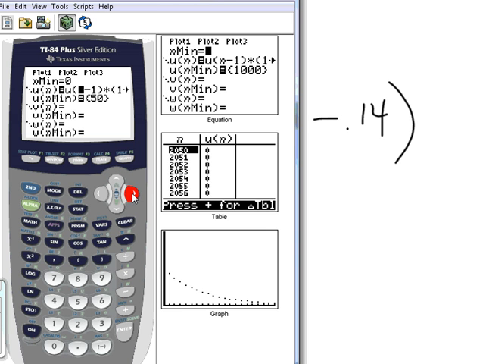So then we arrow over here to 1, and we don't want to say minus anymore, or that won't be growing. So we say plus. 1 plus, and then we're going to say 25%, so 0.25.